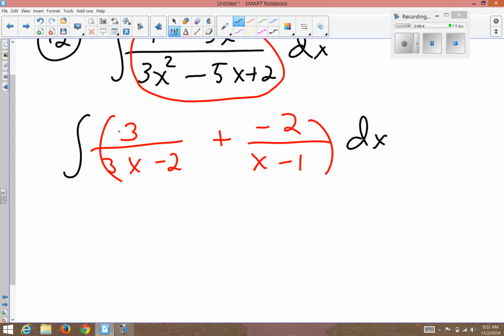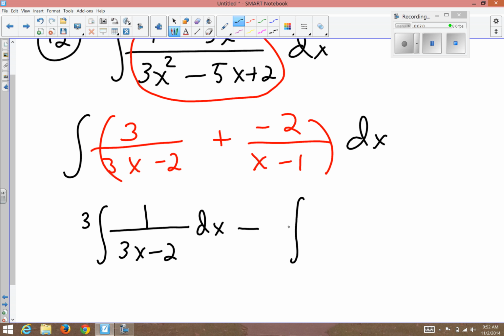Then we distribute the integral symbol. The integral of the first term, the 3 in the numerator can be brought out here, times 1 over 3x minus 2 dx, plus a negative. We can just write negative 2 to the left of the integral symbol, 1 over x minus 1 dx.